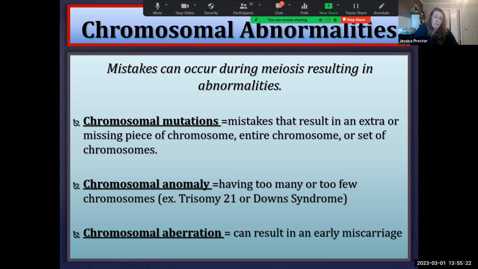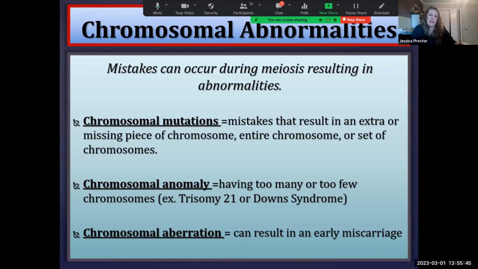A chromosomal anomaly would be having too many or too few chromosomes. A well-known example would be what we call trisomy 21. When you break that word up, tri means 3, somy means chromosome. What happened in a trisomy is that there was a non-disjunction, a failure of the chromosomes to separate at the 21st location.